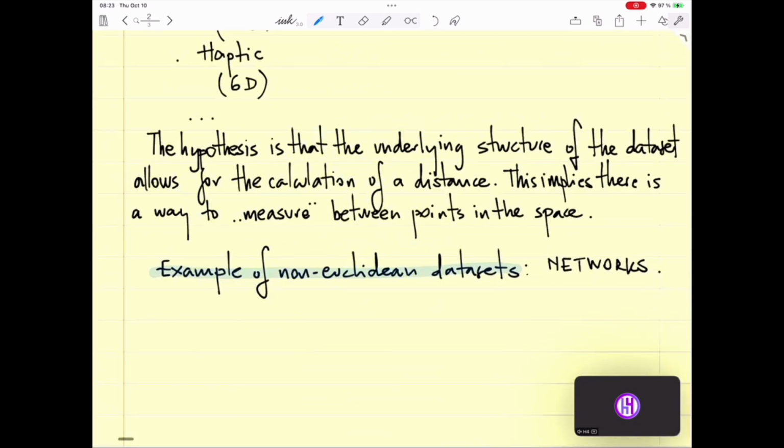So what is a network? Of course, Facebook, Instagram, TikTok, Twitter, all that stuff is network based, okay? So intuitively, a network is formed by nodes and edges connecting the nodes.